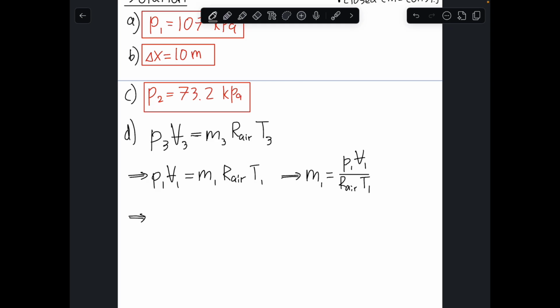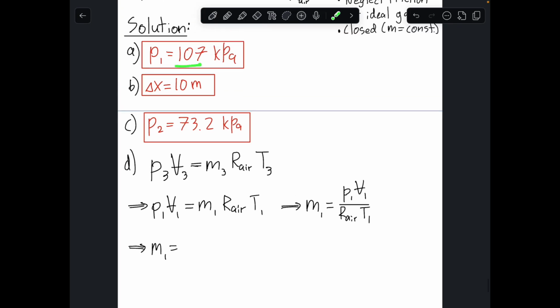Remember, for the ideal gas law, we want to use absolute values for pressure and temperature. So we want this to be in pascals or kilopascals, and then this should be in Kelvin instead of degrees Celsius or anything like that. So M1, if we plug in our values here, is going to be equal to P1 we found was 107 kilopascals.